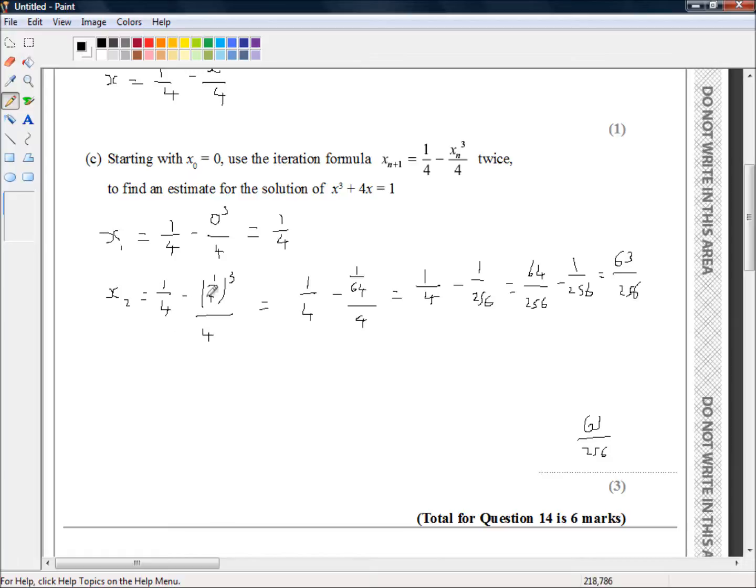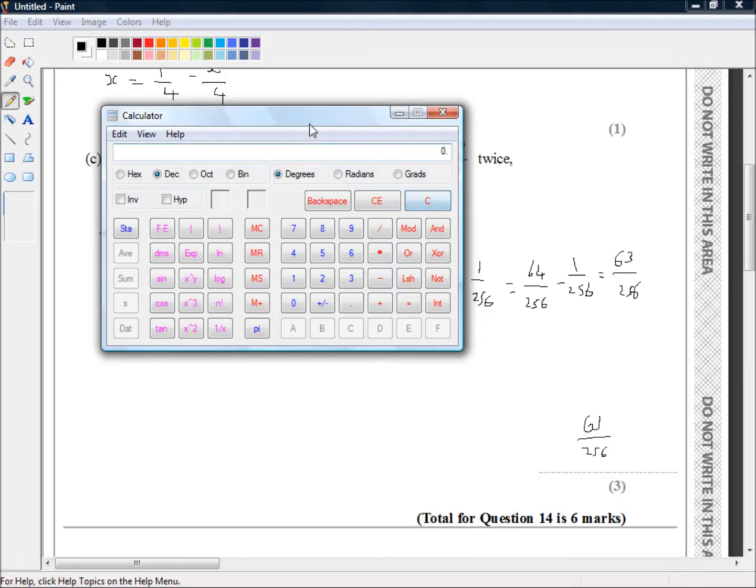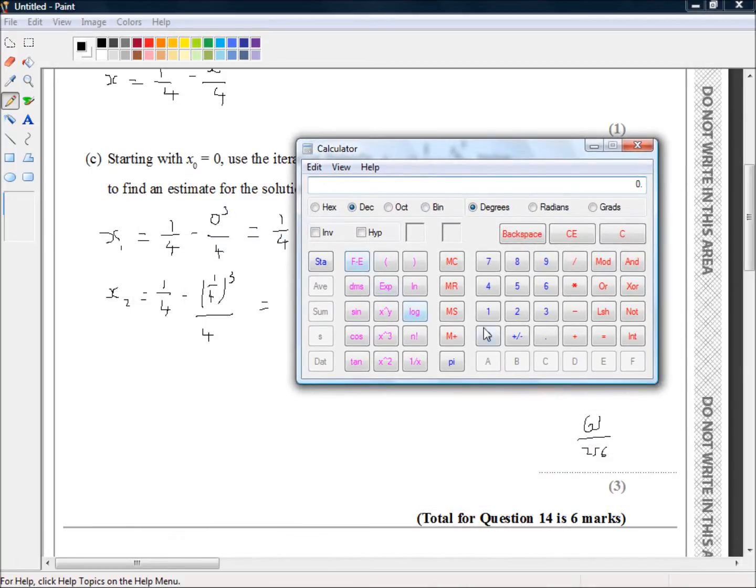You could have taken your 1 over 4, and that gives you your 0.25, and then subtract, and then you use your brackets, open brackets, 1 over 4, close brackets, and then cube that, and then that has to be divided by 4, and that gives you 0.24039 whatever.